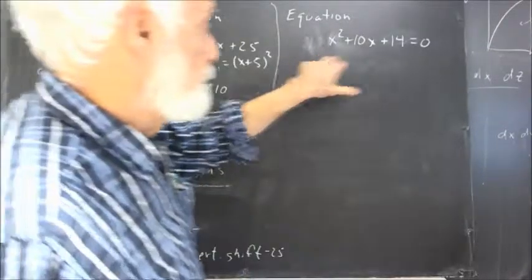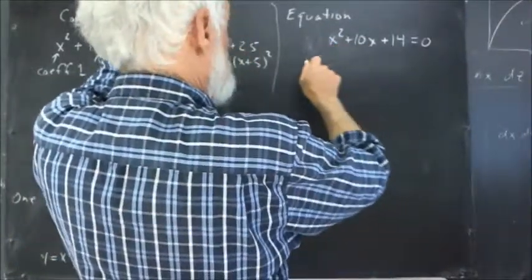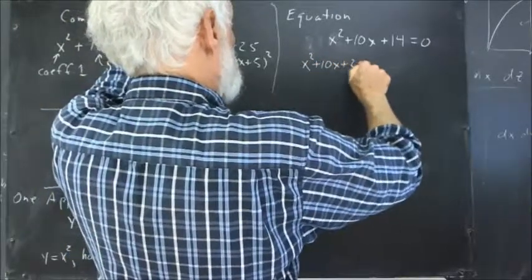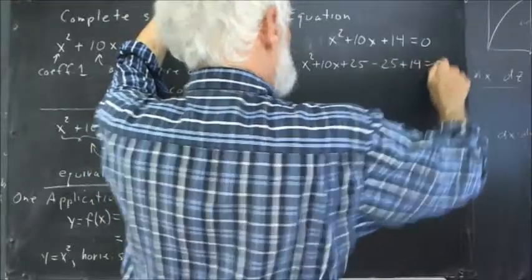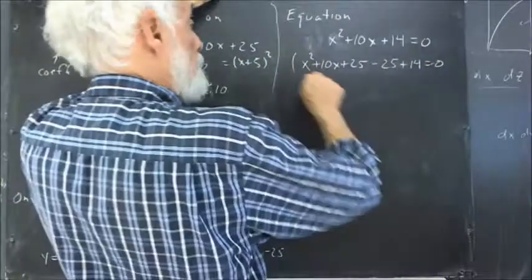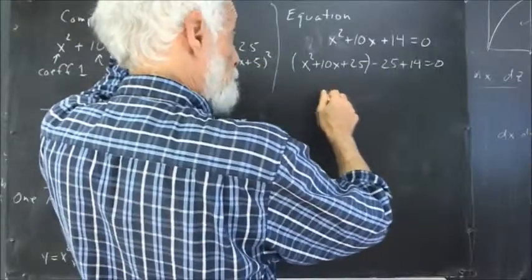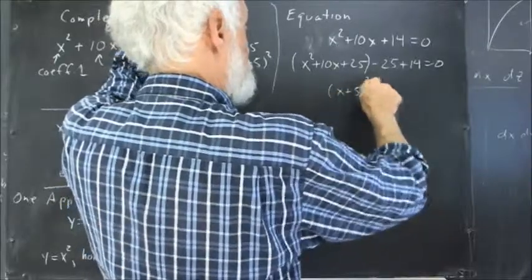Another application, if we want to solve this equation, we replace x squared plus 10x with x squared plus 10x plus 25 minus 25, and we get this. We put parentheses around this just to indicate what we're doing, and we have then x plus 5 quantity squared.